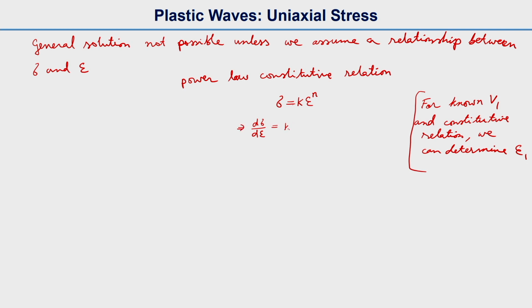From the previous page, the impact velocity expression is V1 equals the integral from 0 to epsilon 1 of the square root of d sigma by d epsilon divided by rho naught, d epsilon.